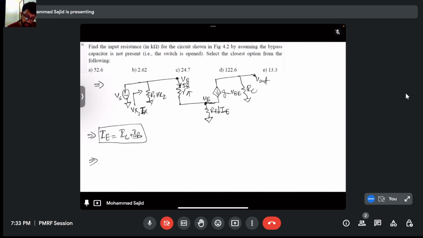Now if I have to find Vx by Ix, what will happen is the component of Ix will flow in this direction, component will flow in this direction. This is my IB. First let's apply KVL in this loop. What is voltage here? VB can be written as now Vx.